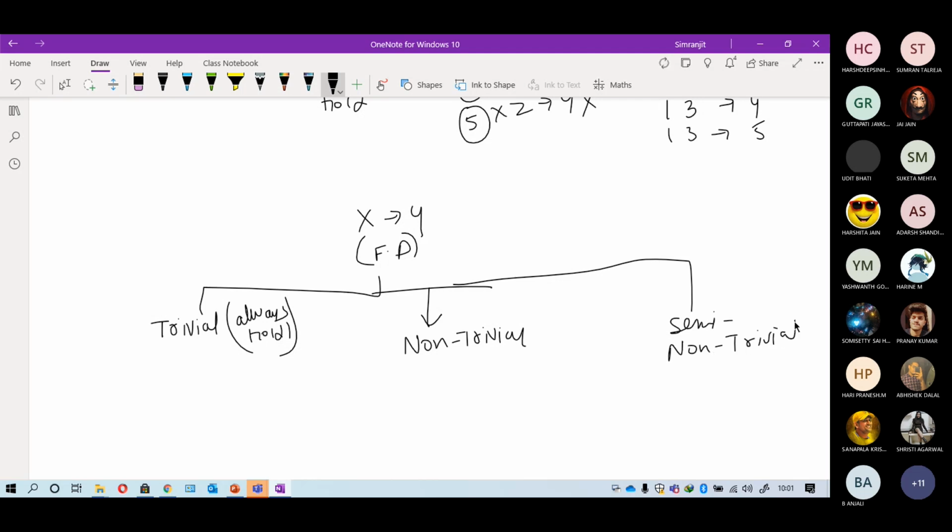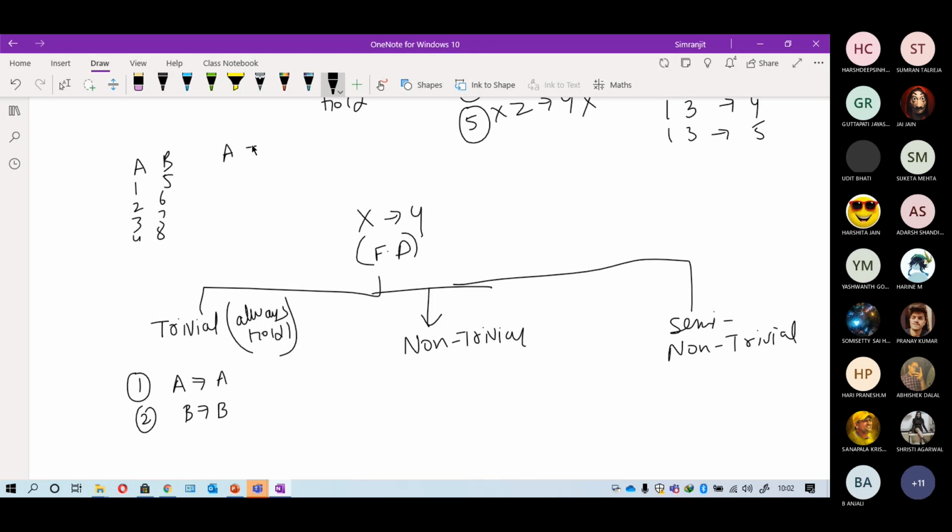In trivial dependency, the first type is where the element depends upon itself, like A tends to A, B tends to B. So this will always be true. Why? Because if you're seeing here, there is a column A: 1 2 3 4 5 6 7 8.